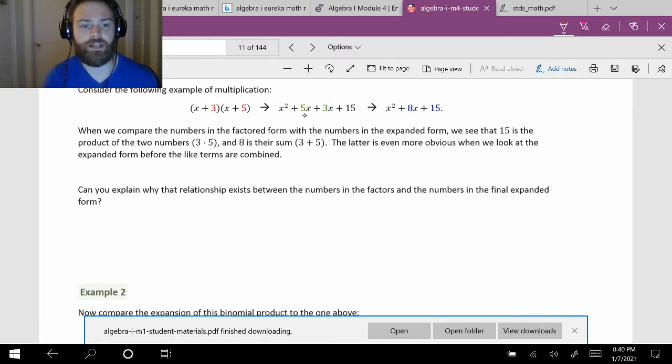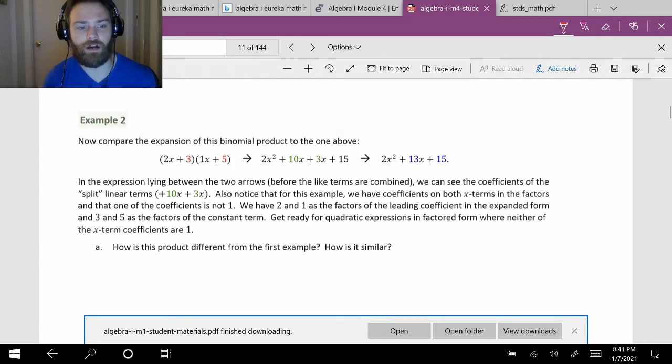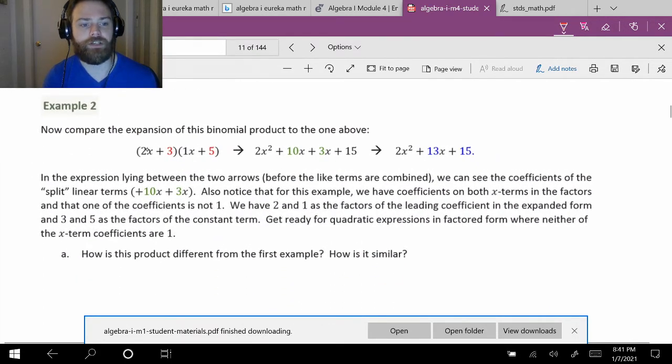So what it's saying is it's easy to see, just like we factored by grouping earlier, that 5 times 3 is 15, and then 8 is added from 5x and 3x. So this is multiplying two binomials. Whenever we factor, we're essentially dividing, which can get a little more complicated because it takes a higher level of thinking. Now it says, now compare the expansion of this binomial.